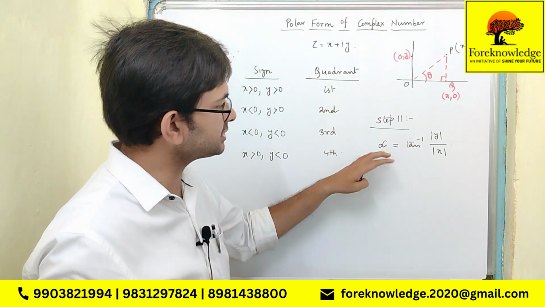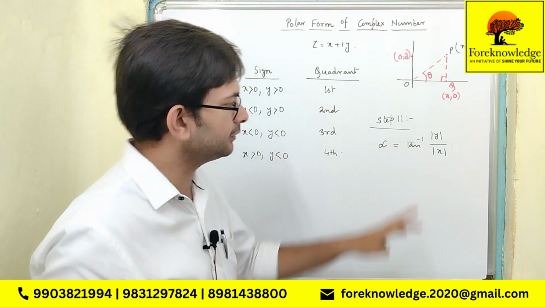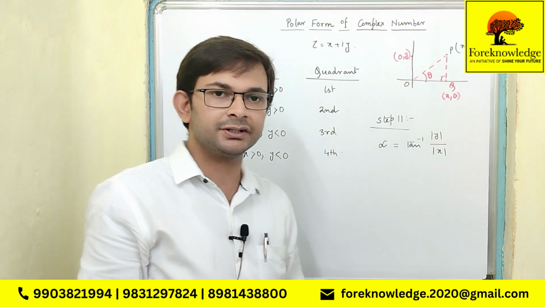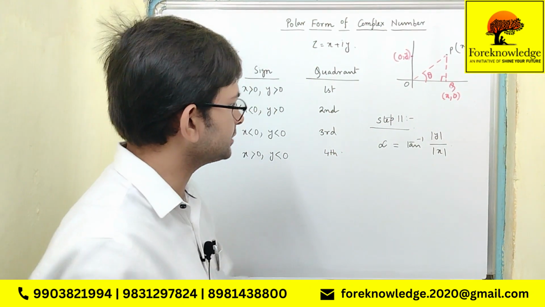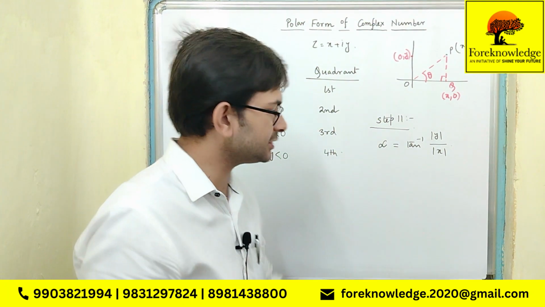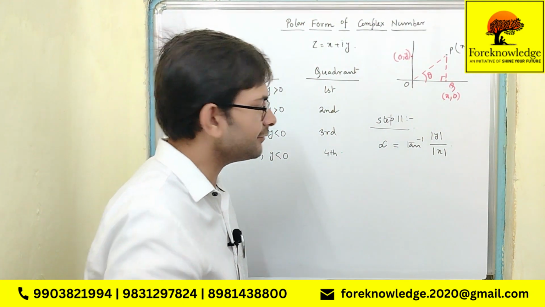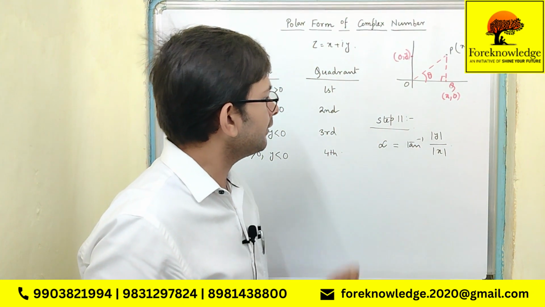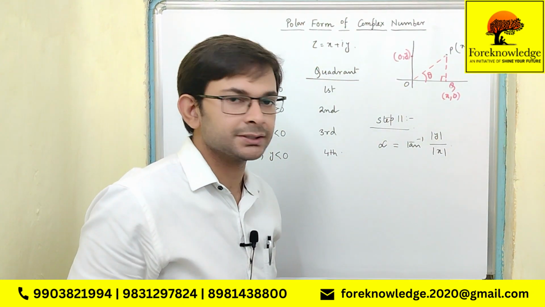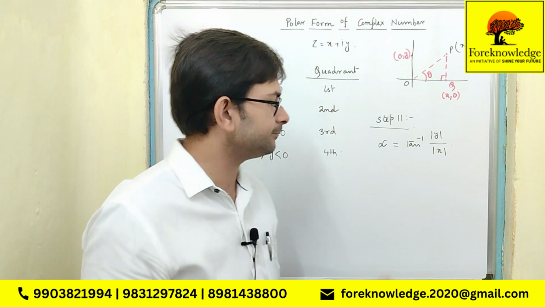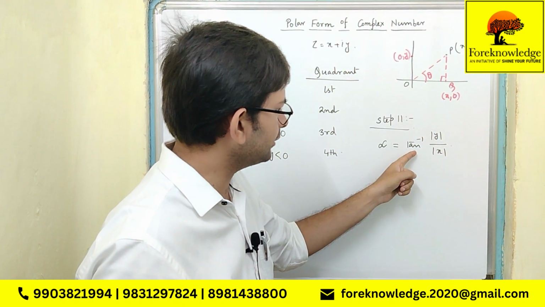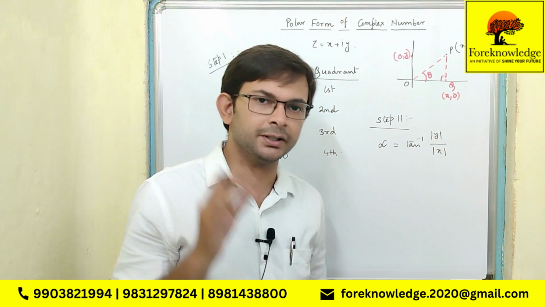So that we can restrict the value of alpha in first quadrant, because in first quadrant everything is positive. So we want to restrict the value of alpha in first quadrant. That's why we are taking the inverse of tan with mod y by mod x. Okay, so we are getting an alpha using this formula, tan inverse mod y by mod x.